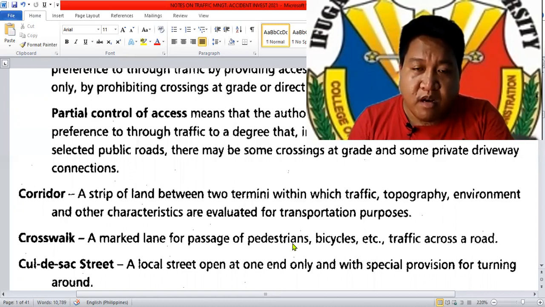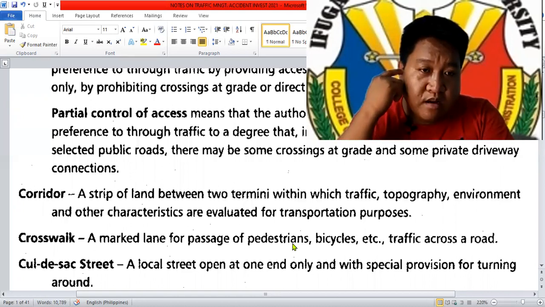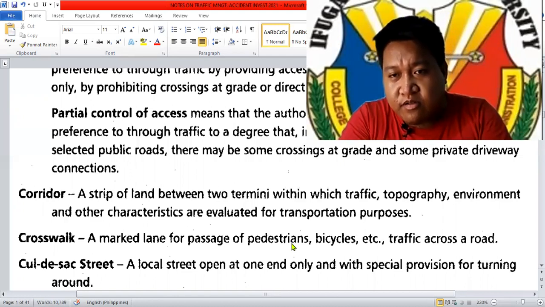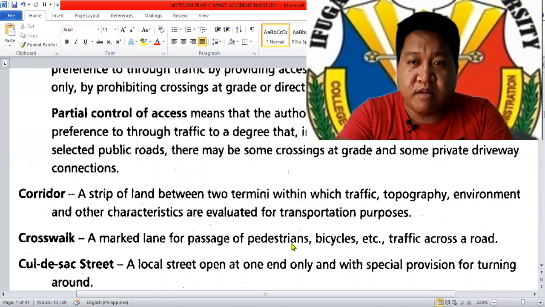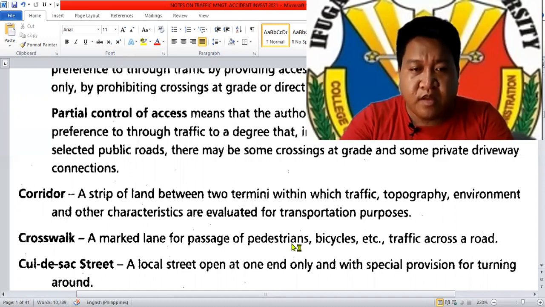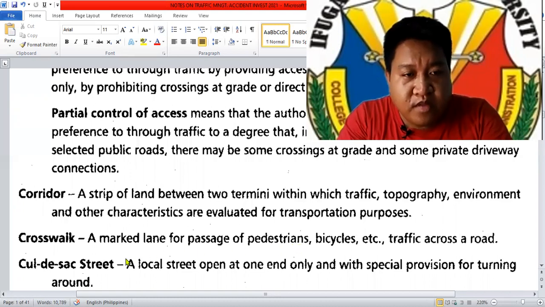if there are people planning to cross the lane. So commonly nakikita niyo sa kalsada, merong markings yan to determine the crosswalk. All right, so that is crosswalk.